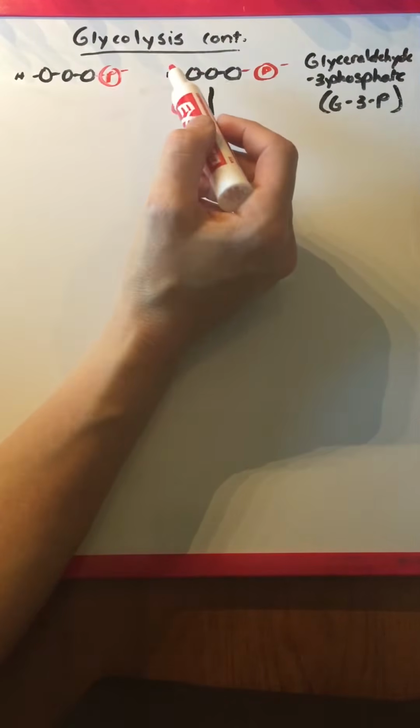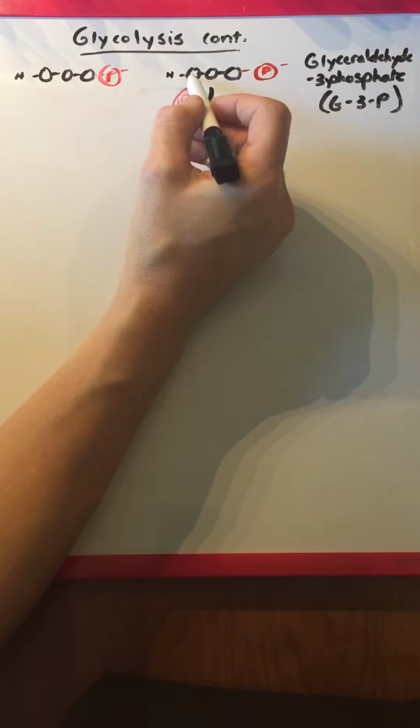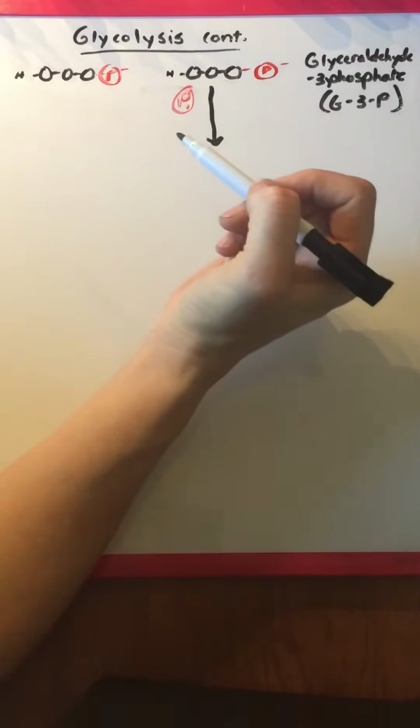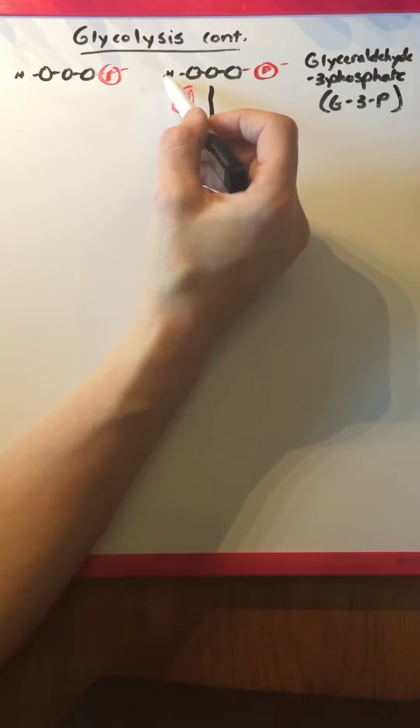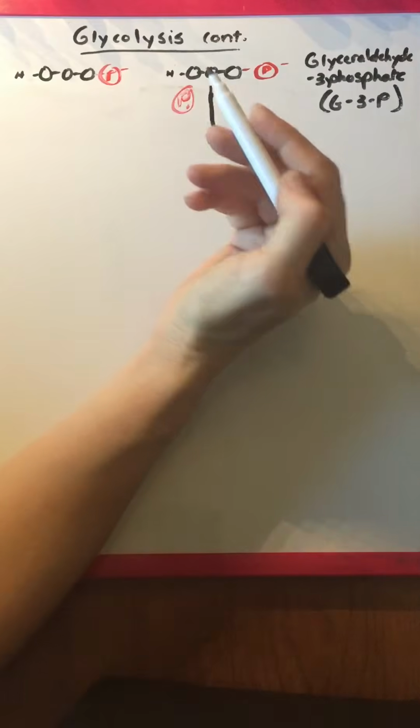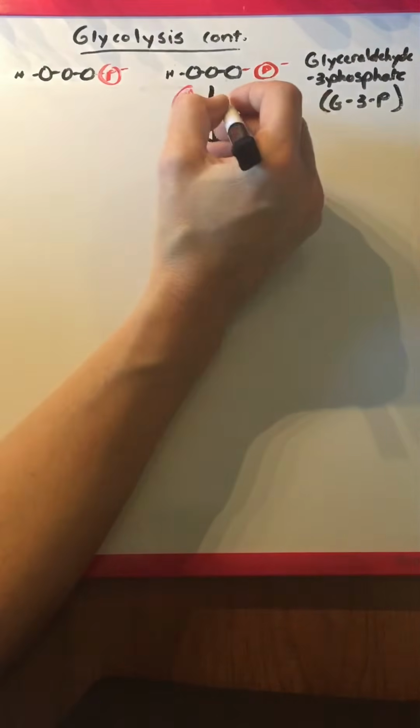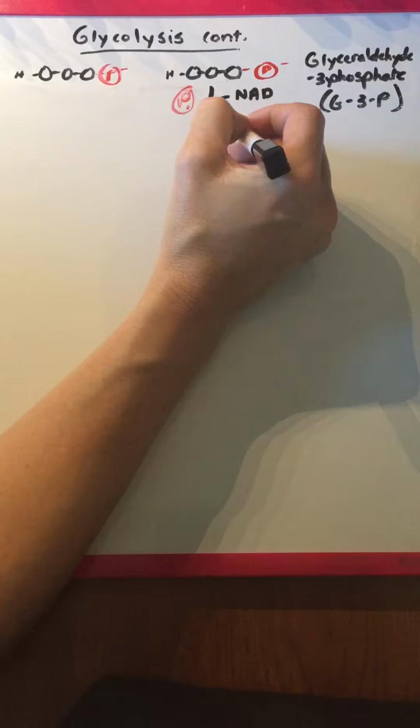But working with these, it's kind of like working with Tinker Toys. Imagine this carbon being a little brown piece of a Tinker Toy, and I want to put this phosphate there. But before I can put this phosphate there, I have to remove this out of this slot so that I can put it there. So we're going to remove this hydrogen and pass it to an electron carrier known as nicotine adenine dinucleotide, and we're going to reduce that electron carrier to form NADH.